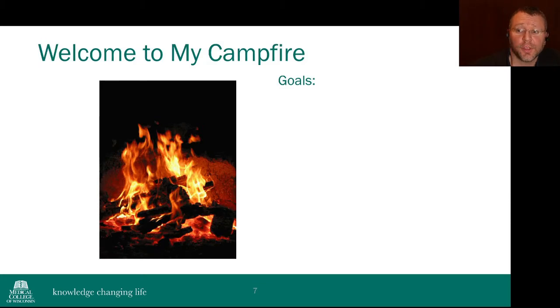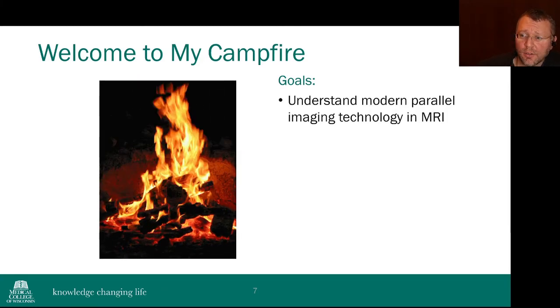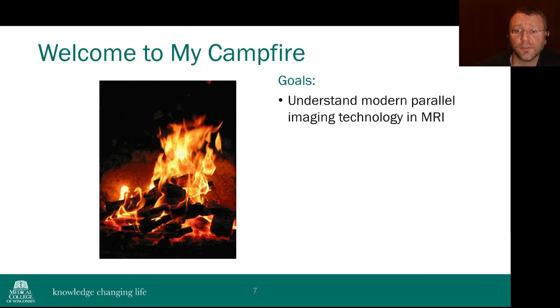So with that idea of the social aspect of science and our human nature of sharing stories around campfires through our evolution, welcome to my campfire. I hope there are a couple goals here that everyone takes away from this. First off, to help share an understanding of what modern parallel imaging technology looks like in MRI, how it works, how we're using it, and the various different flavors of it.